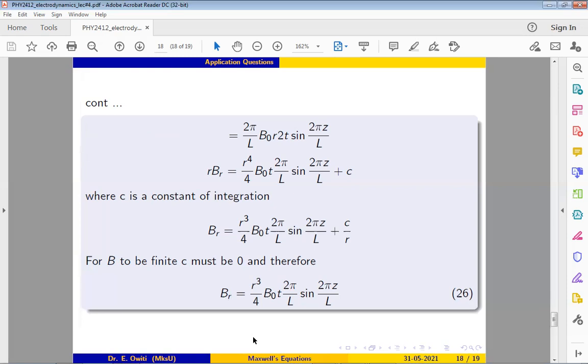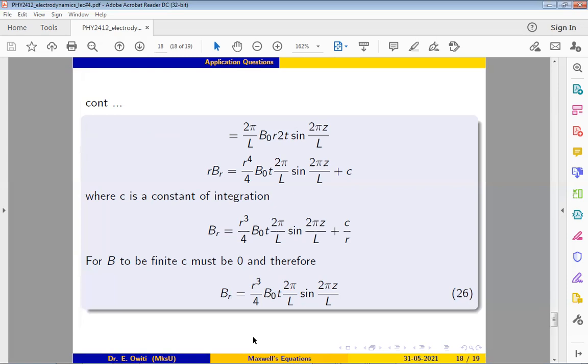Then we make a conclusion and say for the B field to be finite, the constant C must be 0. And therefore, if you put 0 there, you get your BR as a simple term, as you can see in equation number 26.